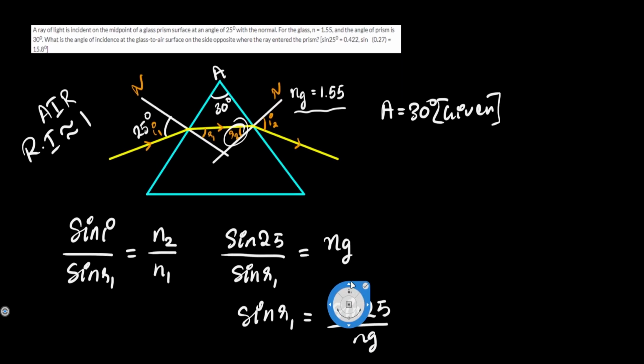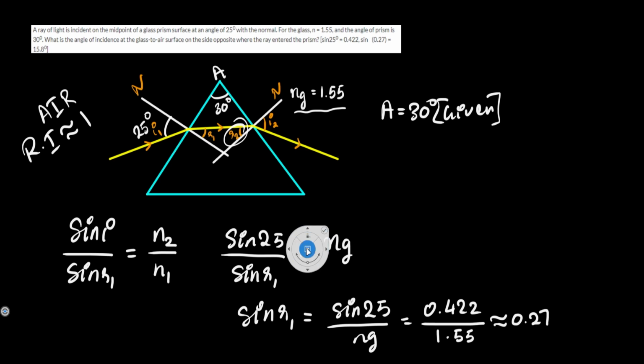So let's see, sine 25 is equal to 0.422 by 1.55. If you do the calculation, you will get approximately 0.27, and its inverse sine value is given. There's a -1 actually.